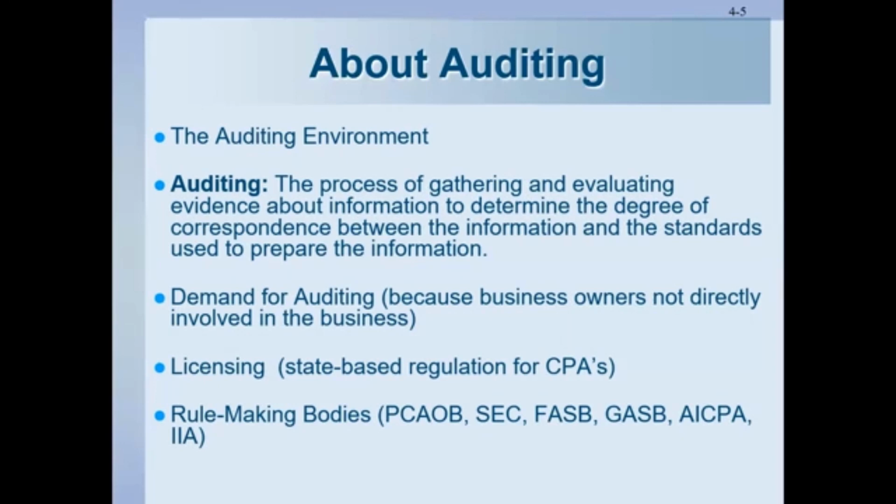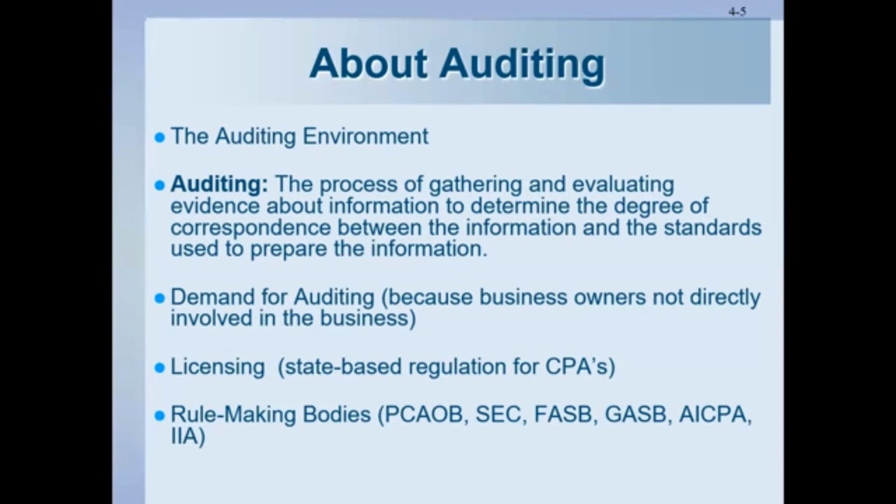Now, according to the Bureau of Labor Statistics, employment of accountants and auditors is projected to grow 6% from 2021 to 2031, about as fast as the average for all occupations.